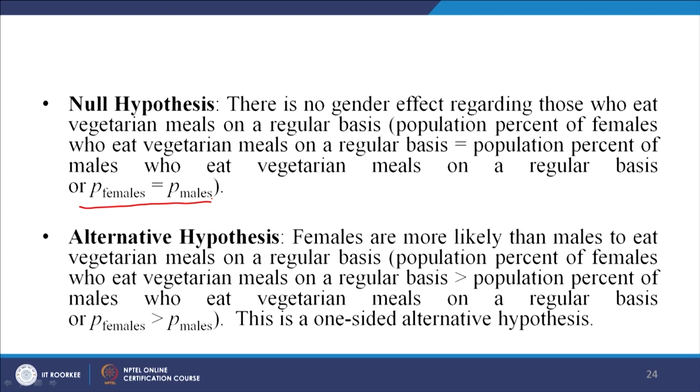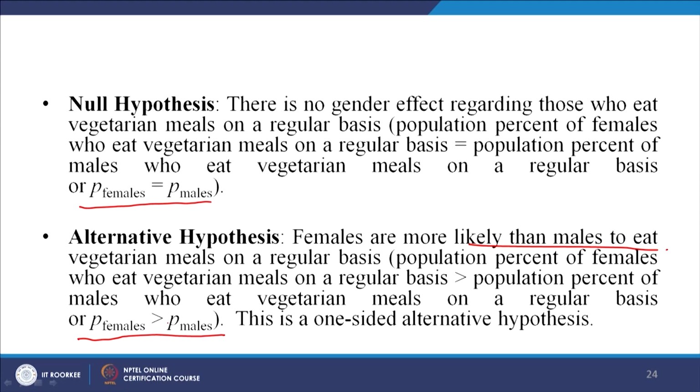Okay. But what is my alternate? The alternate is, see, this is interesting, females are more likely than males to eat. I am not interested to know that there are fewer females than males who eat vegetarian meals on a regular basis. So, for this reason I am only interested that the proportion of females having vegetarian meals is greater than the proportion of males.